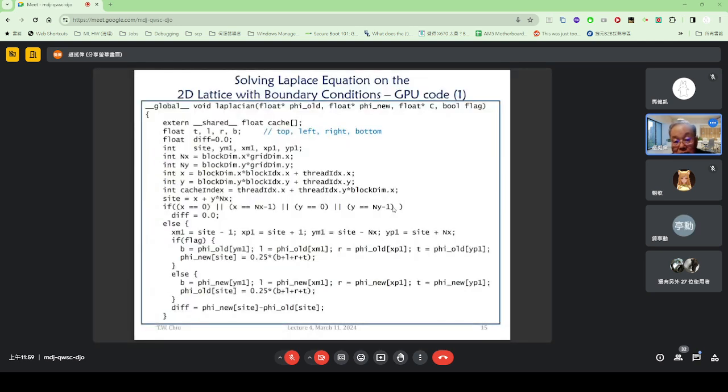Excuse me. Yes. What if the neighbor of one index is in another block? Could I do that if the neighbor is in another block? This is always applied to every thread. So this condition, if this thread belongs to this or this, then you will not do anything, just 0.